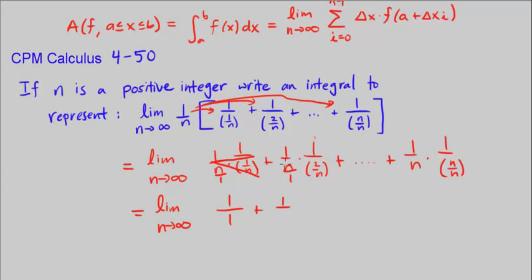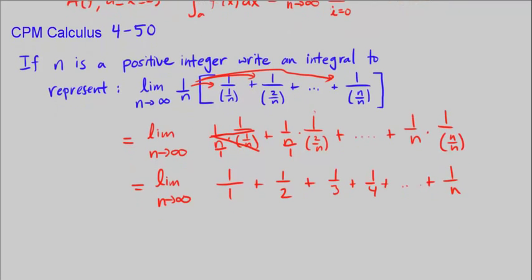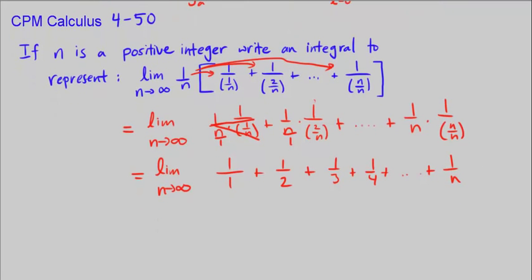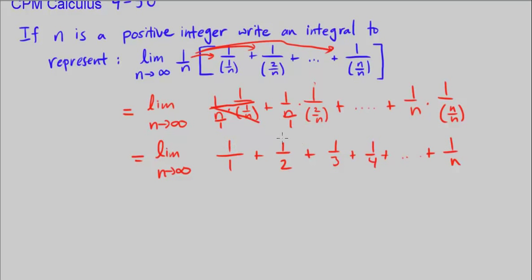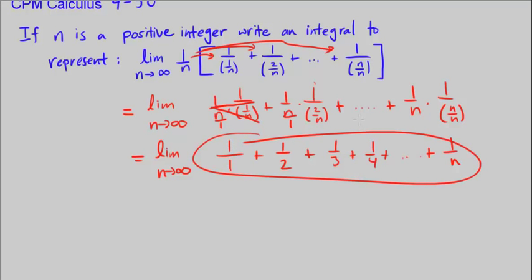In the denominator, the n's cancel out again, so we have 1 over 2. Plus, the next term is going to be 1 over 3, 1 over 4, plus the last term, which we know is just 1, so this is equal to 1 over n. So this makes the problem a little bit more simplified, right? Because we just have this as our series.